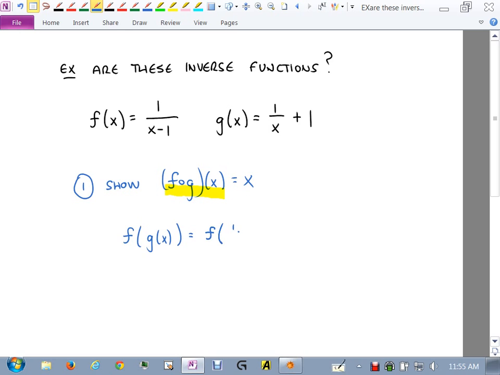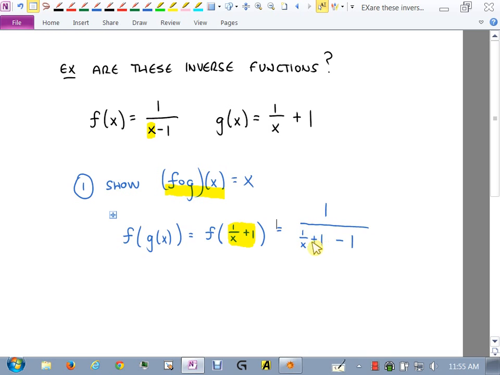Replace G with 1 over x plus 1. Go with me? It's just like you did in your homework. Now plug that into F. So I will replace this x in the bottom left corner of F with this entire expression right here. So you get 1 over, bottom left corner becomes 1 over x plus 1, but then what's still down there? Minus 1, right?